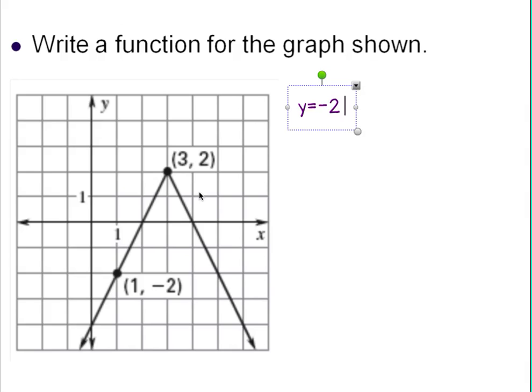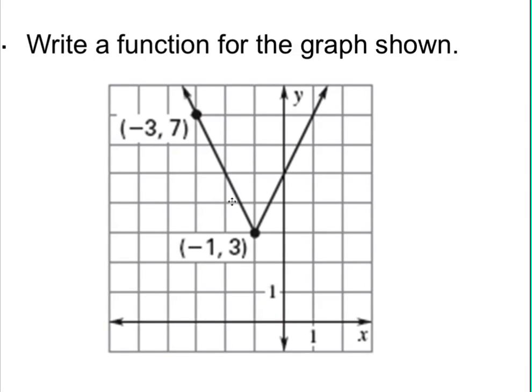I know that I'm going to have x minus 3, and then plus 2 because it moved to the right 3 units, and then up 2 units. So your equation should look like this. So there's your function, and if you want it to be really terrific, you could put f of x equals there.